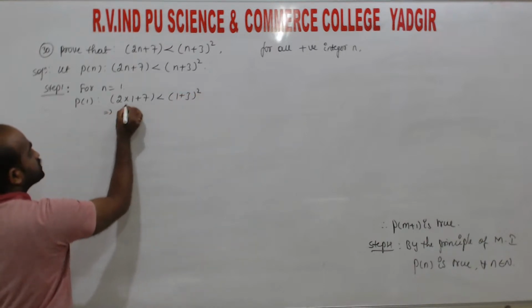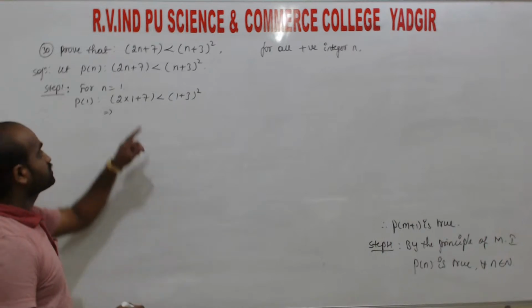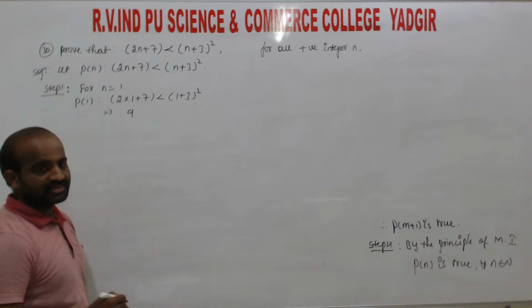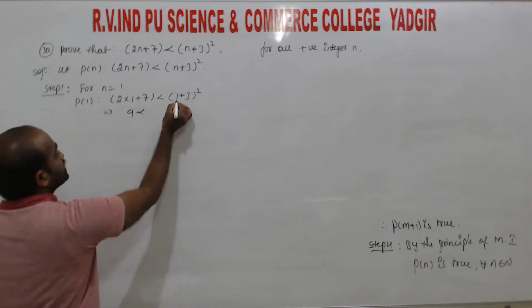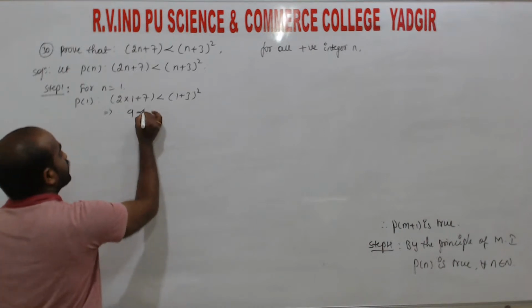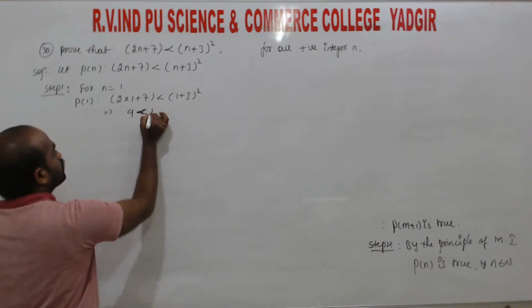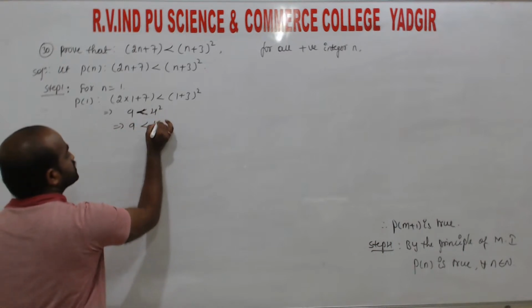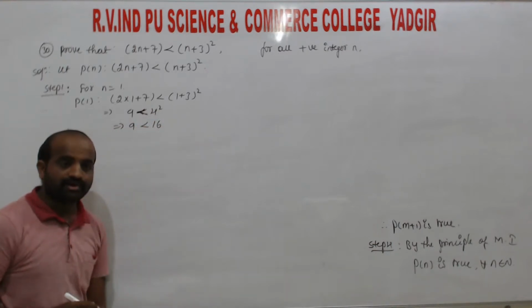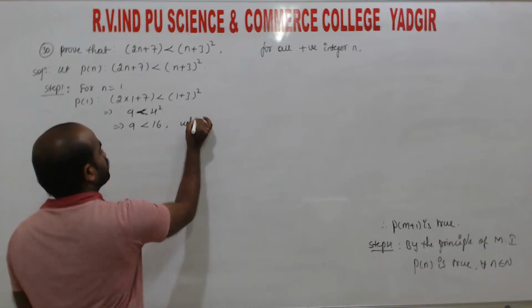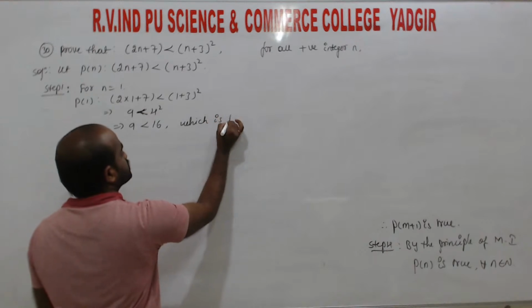This implies 2 into 1 is 2, plus 7 is 9. 9 is less than 1 plus 3, 4, 4 square. This means 9 is less than 16, which is true.